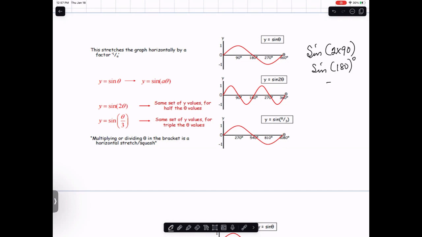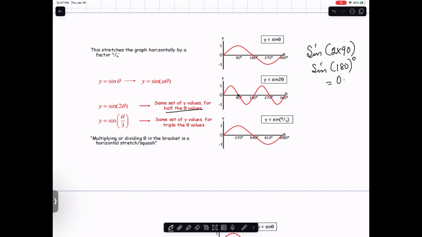So sine 180 will give us 0. So on 90, we have 0. So on this, your y value still remains the same.